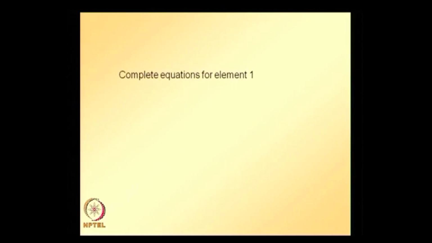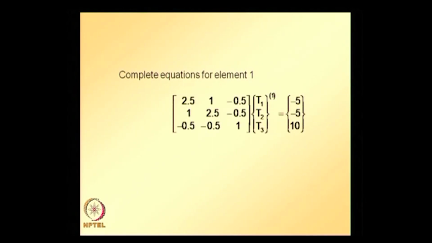So, using all these quantities, complete equations for element 1 can be written like this, where T1, T2, T3 are the local nodal parameters for element 1, that is why it is written as T1, T2, T3 with superscript 1, that means it corresponds to element 1.